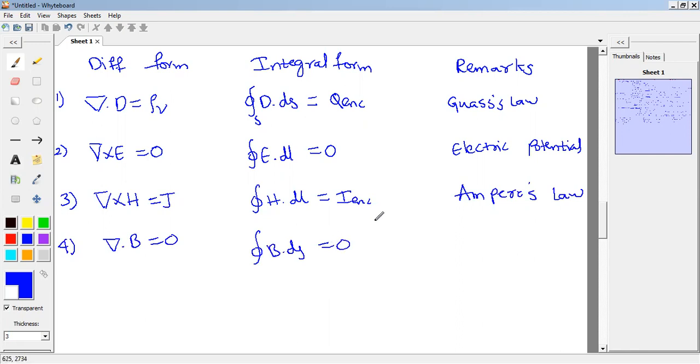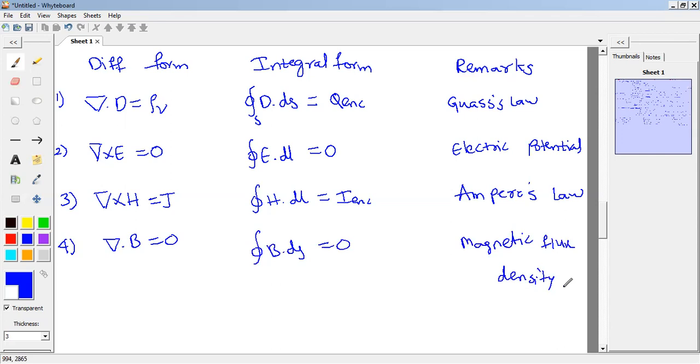Why? Because an isolated magnetic field does not exist. This we write from the magnetic flux density. These are all the Maxwell's equations for static fields.